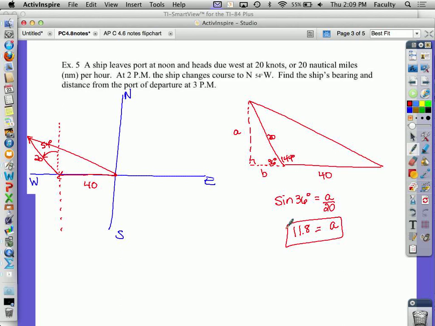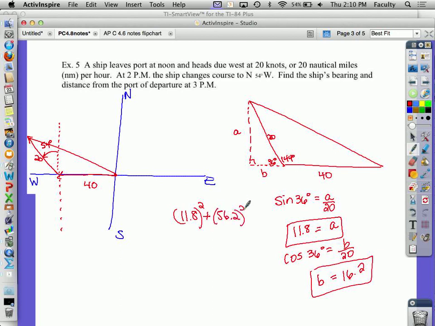And then can't we find B? Then I can do Pythagorean theorem if I can get this piece to know the whole thing. So that's cosine 36 degrees is B over 20. So I got B is 16.2. So then let's do the whole big thing. This would be 11.8 squared plus, wouldn't that be 56.2 squared equals, and maybe we'll call that c.